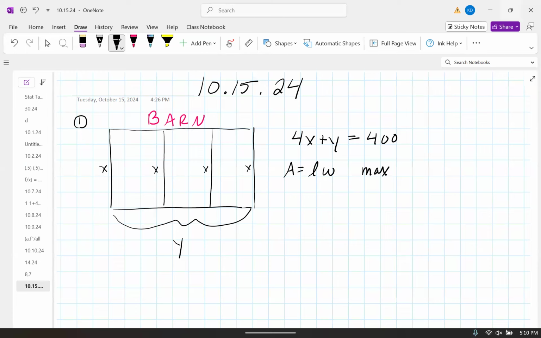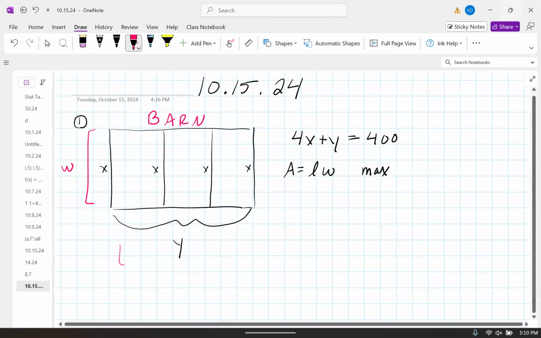All right, so I'm going to call this my width and this my length. So width equals X, length equals Y. But if we have an equation with an X and a Y, that makes it a little messy to solve.